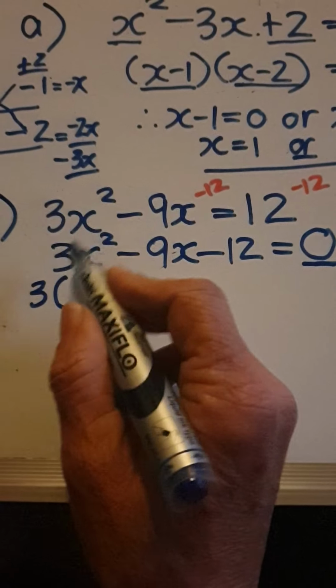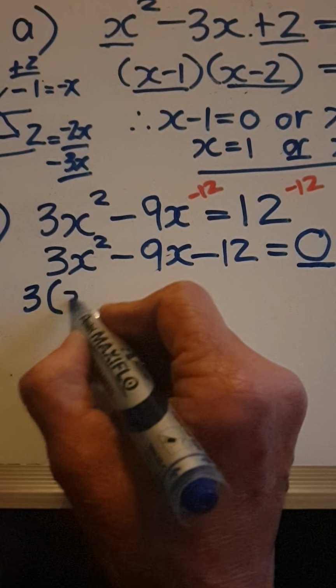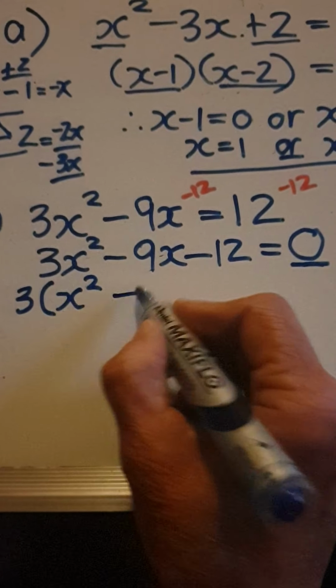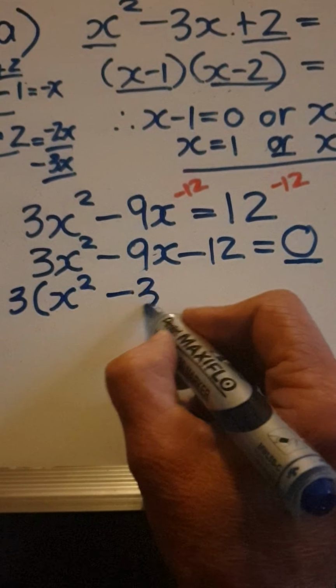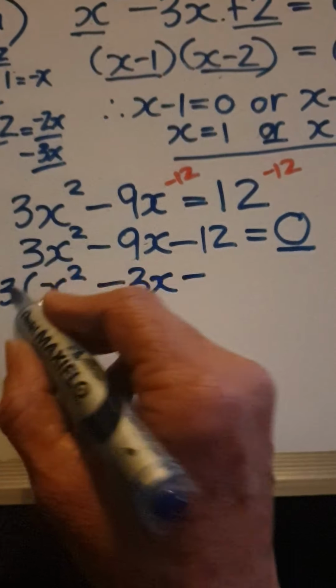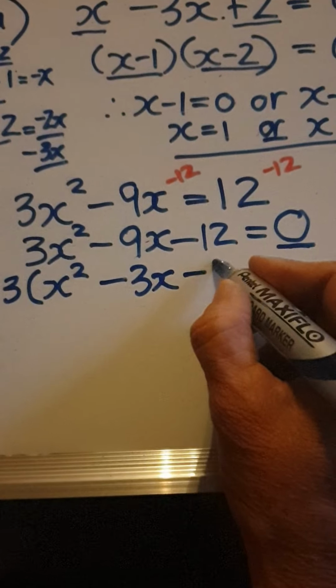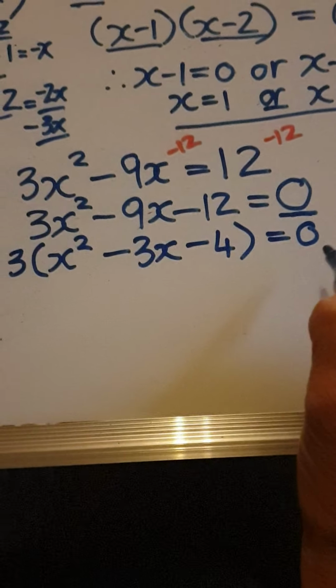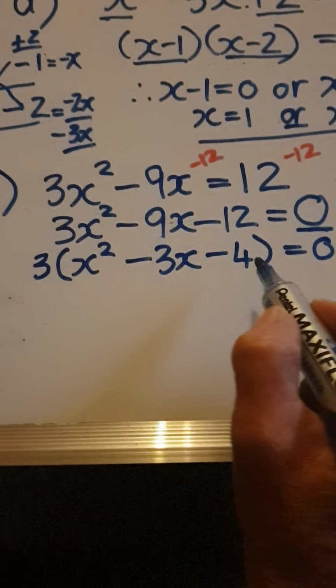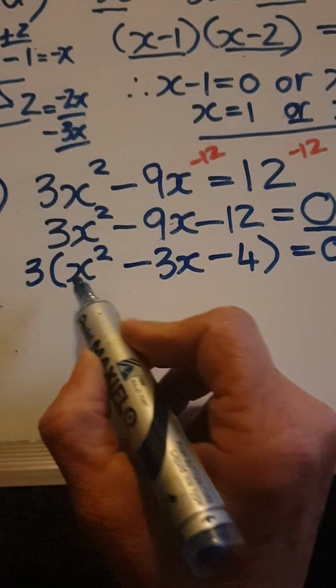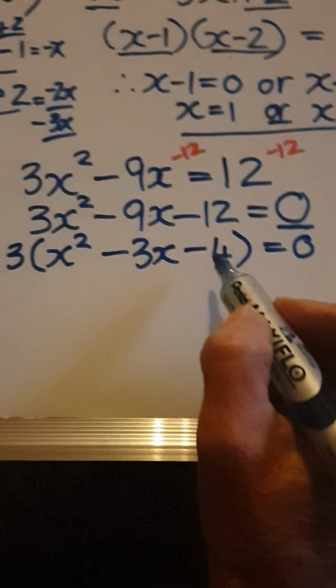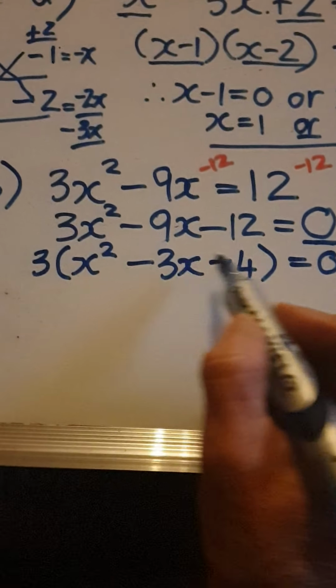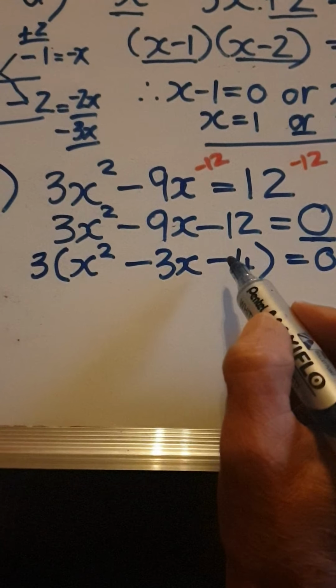I'm going to divide each term by 3, and I get x squared, 9x divided by 3 is 3x, minus 12 divided by 3 is 4. So I have factors now, but it's not completely simplified. Here I have a quadratic expression now, so I can factorize it.